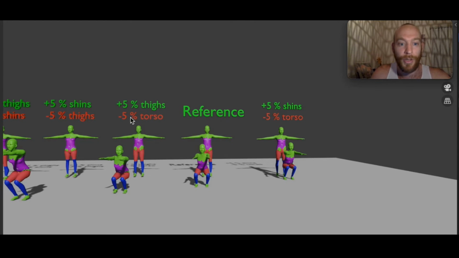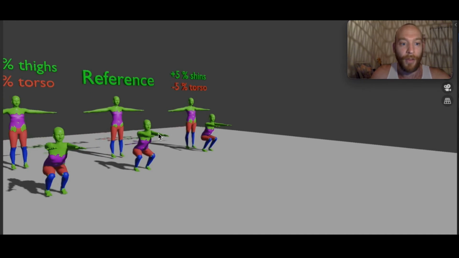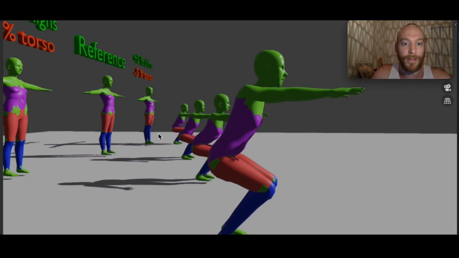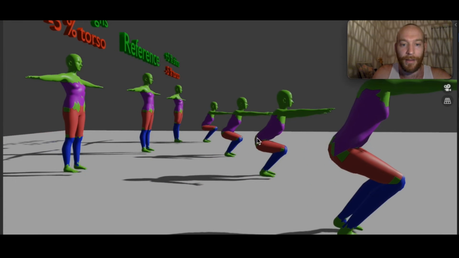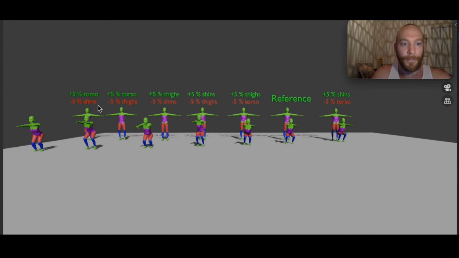The -5 torsos are all the way on the right of the line and have the best squats of the group, right? These three right here. They're all almost parallel. Whereas the +5 torsos actually were the worst. So that's a consistent pattern, and that's a pretty interesting pattern, that long torsos basically create difficulty in squat depth.